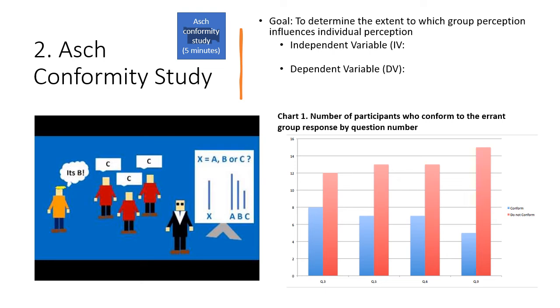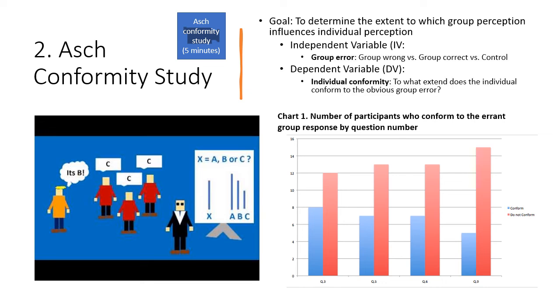And what they're looking at is, what does this participant do? And so in this case, the thing that's being measured, the dependent variable, is to what extent does the individual conform to the group error? And the independent variable, the thing that the researcher manipulates, is whether the group of people, the confederates, are giving the wrong answer, or giving the correct answer, or a control condition in which the person is alone.